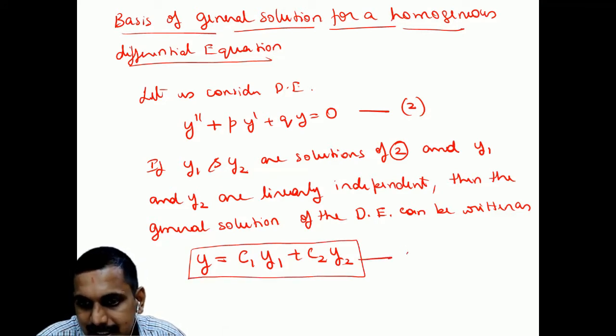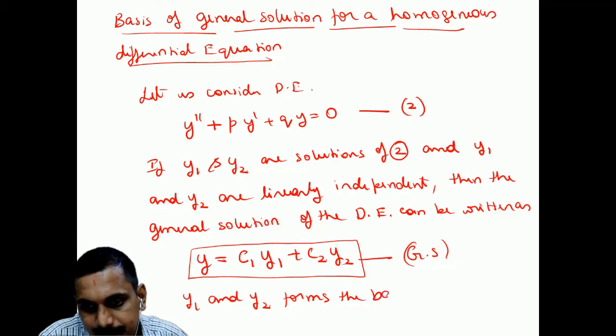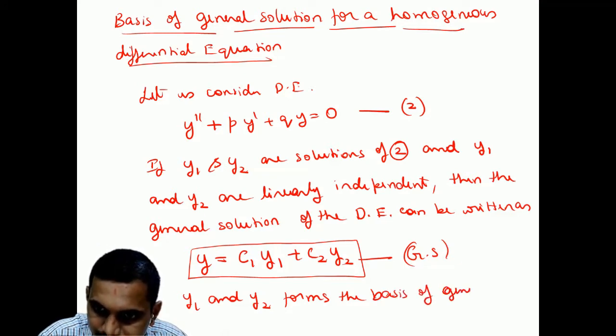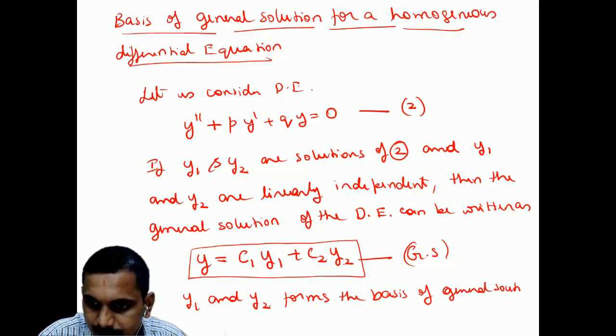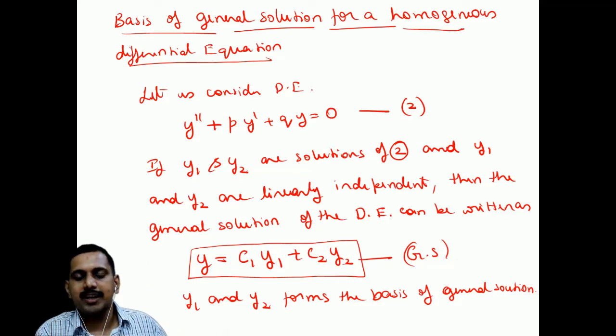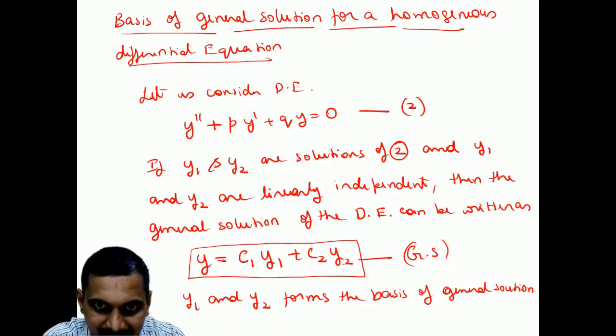I can say general solution. y1 and y2 form the basis of general solution. I hope you get that part. What is meant by basis? Basis means these y1 and y2, which are linearly independent functions, which are solutions to a differential equation.